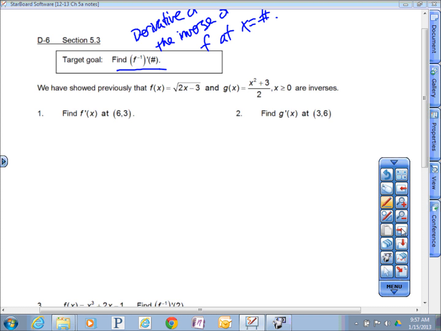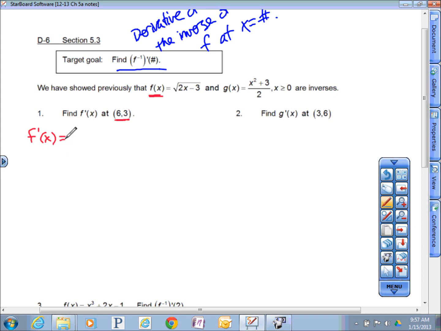So I'm going to start with f prime of x. If I plug 6 into f, 2 times 6 is 12, minus 3 is 9, square root of 9 is going to be 3. So the point 6,3 is on f of x, and I'm going to use f of x as red. Let's find f prime of x.